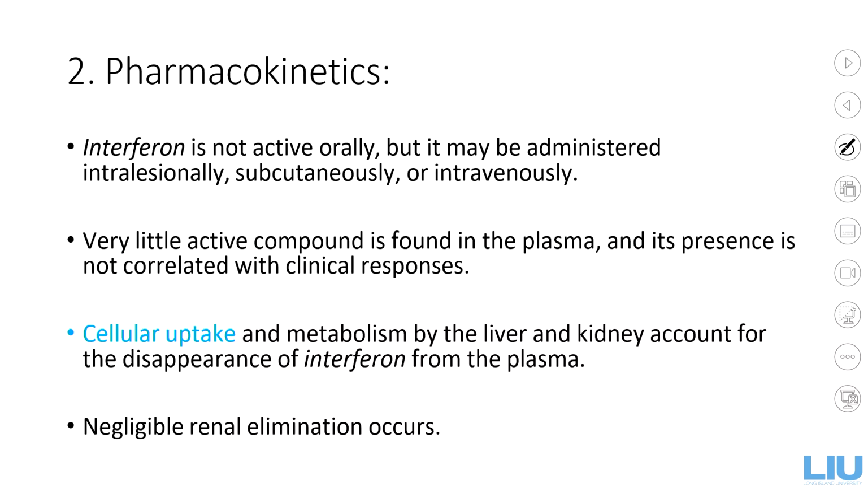Pharmacokinetics: interferons are not orally active, of course. Anytime we have proteins, they won't be stable, so we have to give them intralesionally or subcutaneously or intravenously. Let's see. Little active drug is found in the plasma, and its presence is not correlated with clinical responses.